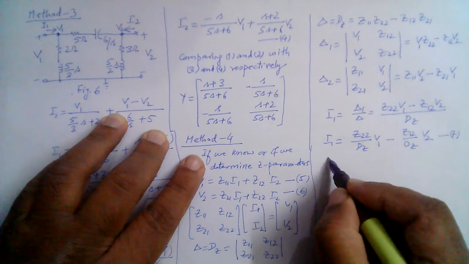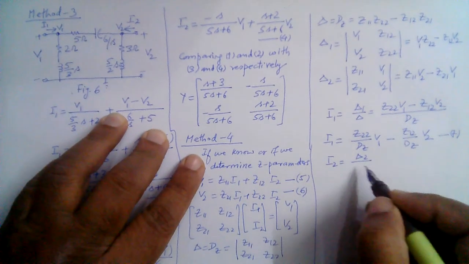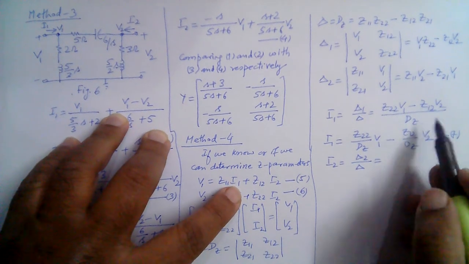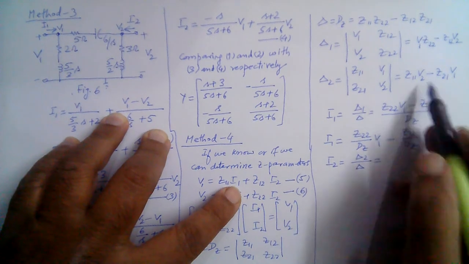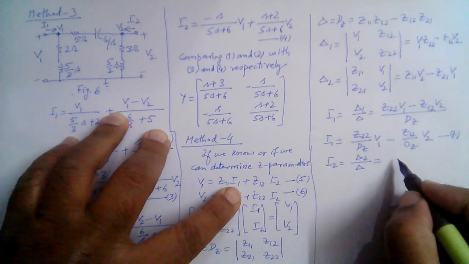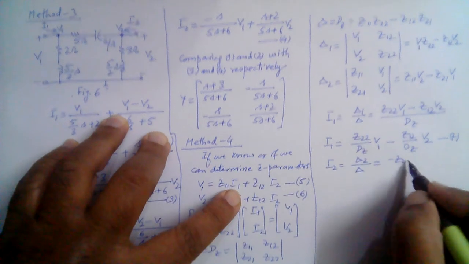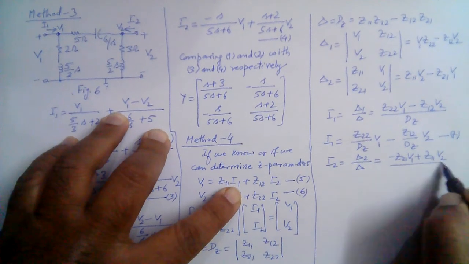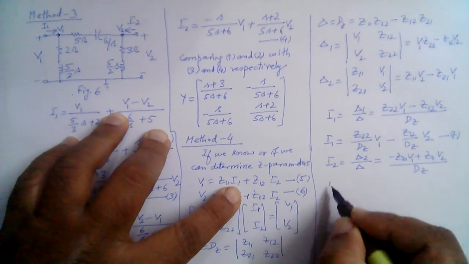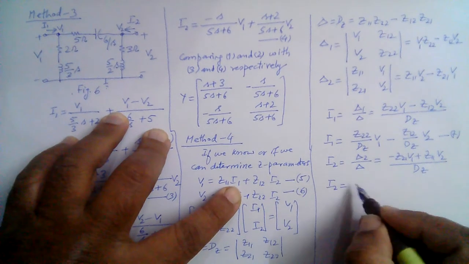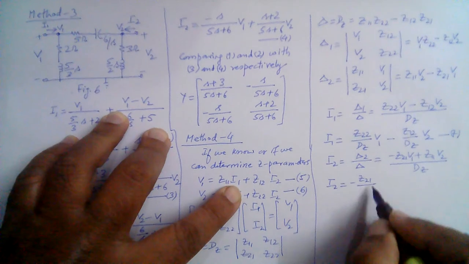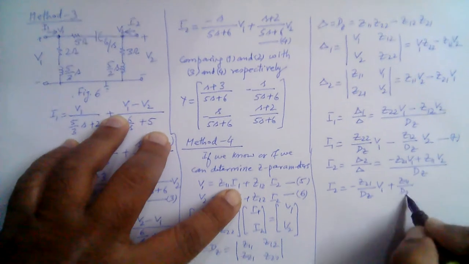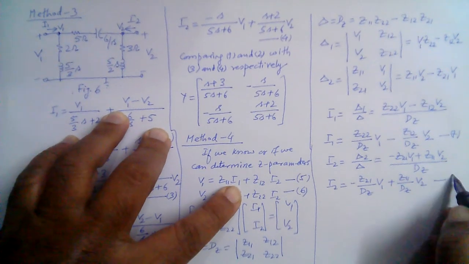And I2 is equal to del 2 over del, so I2 is equal to (minus z21 v1 plus z11 v2) divided by dz. So I2 is equal to minus z21 over dz times v1 plus z11 over dz times v2. This is equation number 8.